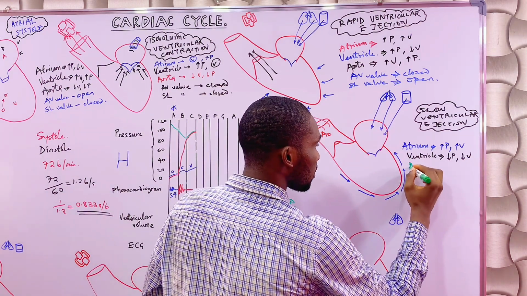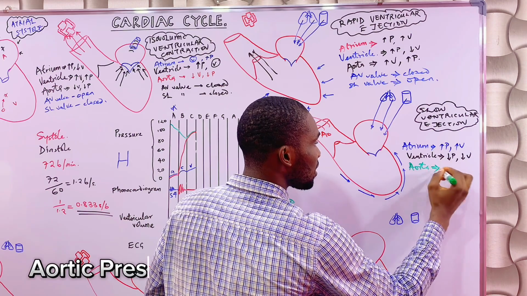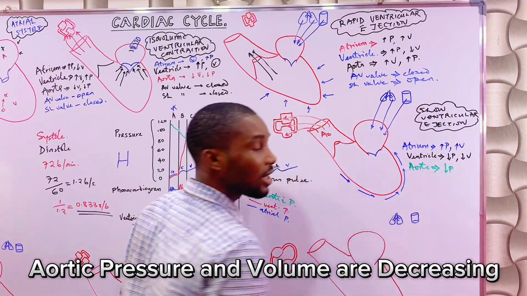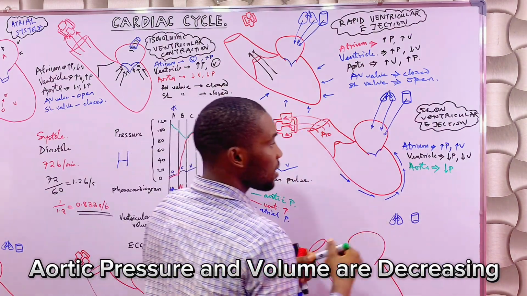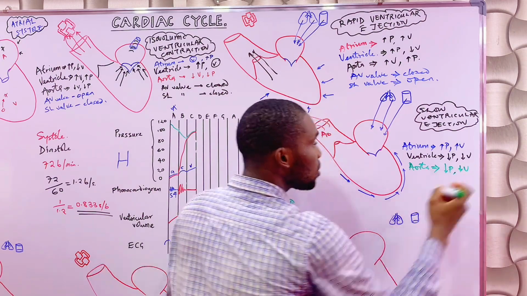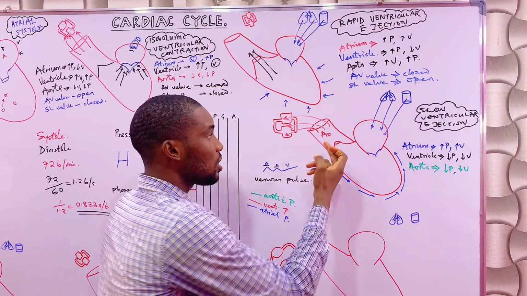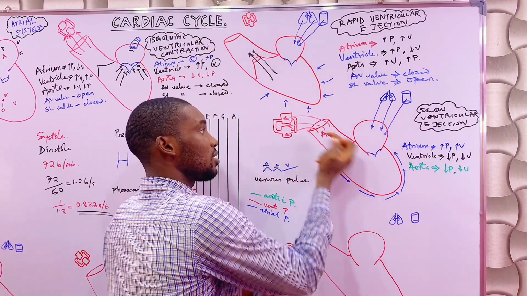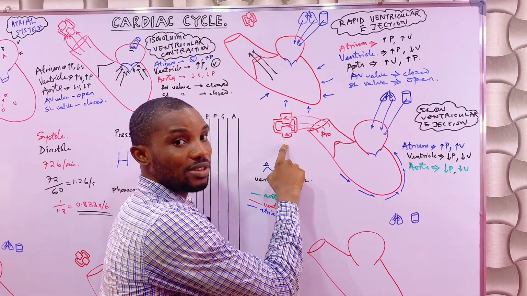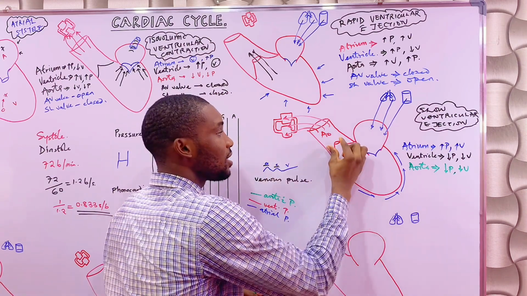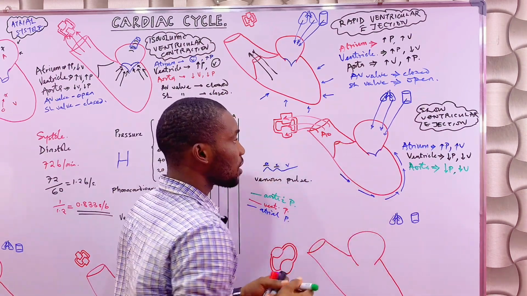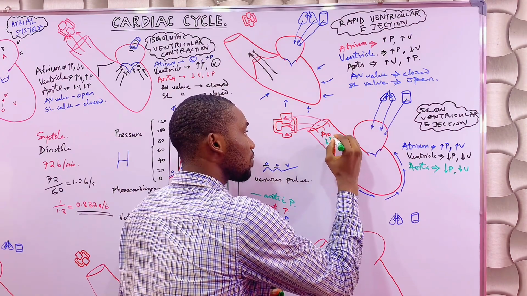The aorta has decreasing pressure and decreasing volume. The rate at which the aorta is decreasing in pressure is so great, because it's feeding its arterial tree with blood, so the pressure is rapidly falling.